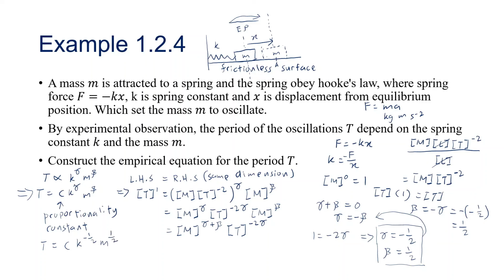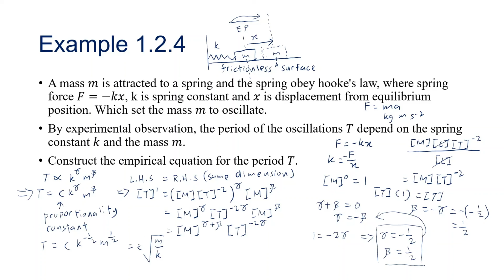You just substitute alpha and beta with these values. Now we can write this as T equals C square root of m over k.